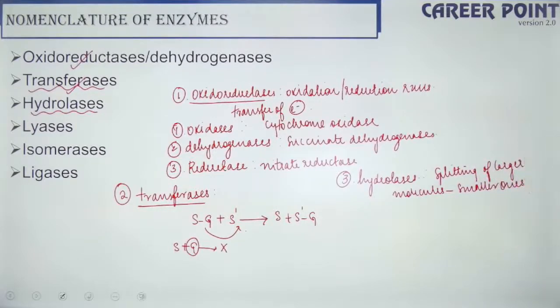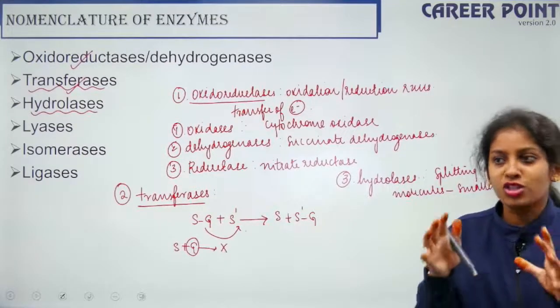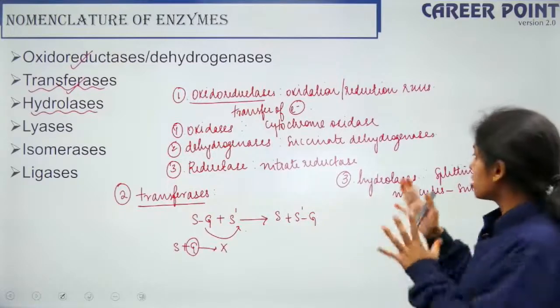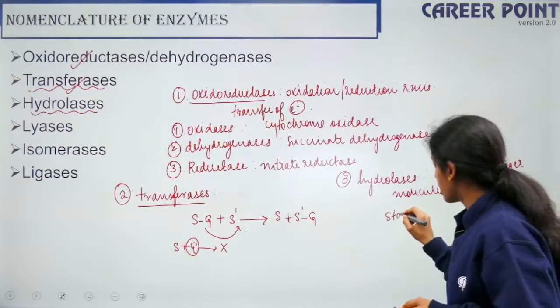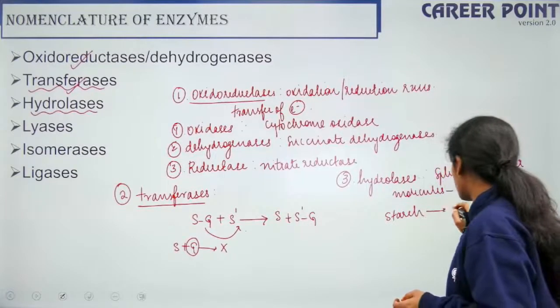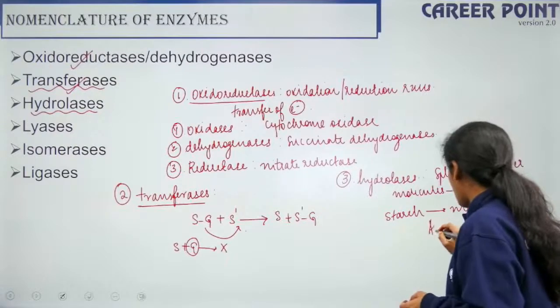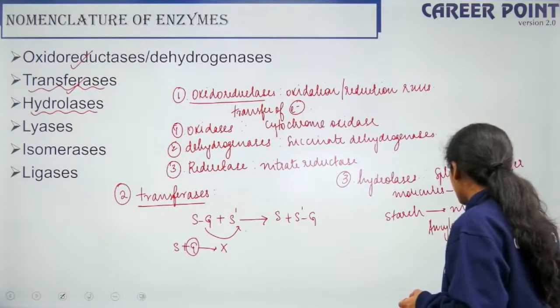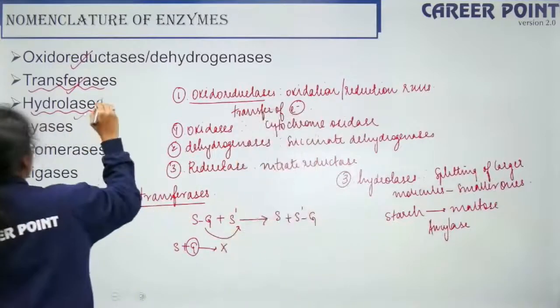This is what hydrolysis does, basically hydrolysis by water. Let's say starch is converted into maltose. You have the amylase, which breaks down the bond that is present here. So this is one type of your nomenclature.